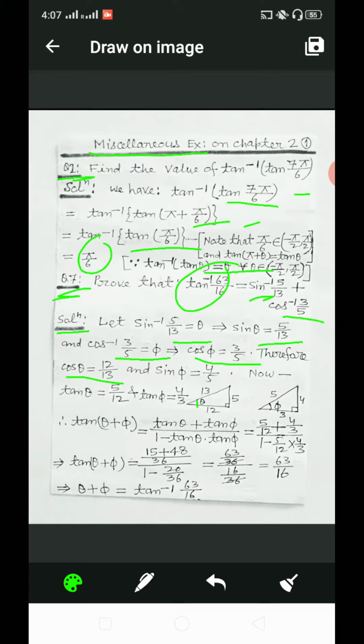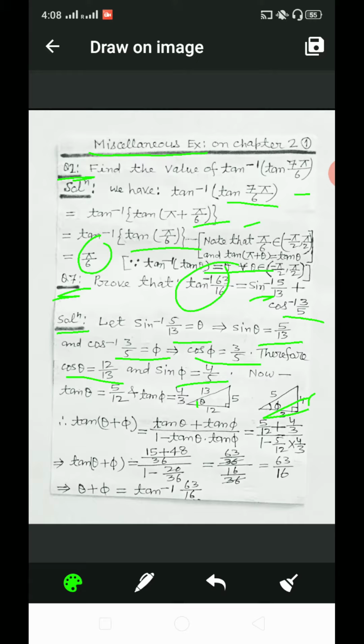And already we know cos phi is equal to 3 by 5. So, using Pythagoras theorem, cos phi is base by hypotenuse. Base is 3 and hypotenuse is 5. So, using Pythagoras theorem we can find the perpendicular, and that is 4. On the basis of cos phi we can find sin phi, which is perpendicular by hypotenuse, meaning 4 by 5.